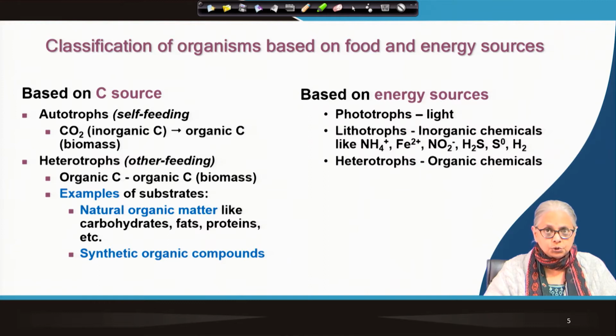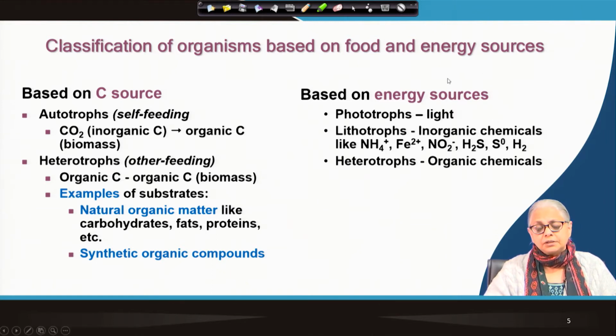They are not very used to synthetic organic compounds, and this is a major area of research and development. We will go into it in some detail in subsequent lectures, but this is another type of substrate that some types of bacteria are capable of acclimating themselves to and utilizing as food or substrate.